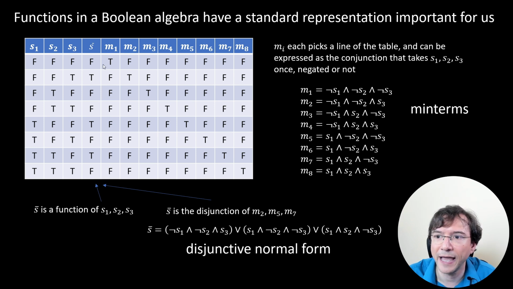For example, M1: the first line is the line where all these three statements are false. Therefore, the negations of these three statements are true. And so M1, the statement that is true only in this condition, is exactly the conjunction of not S1, not S2, and not S3.